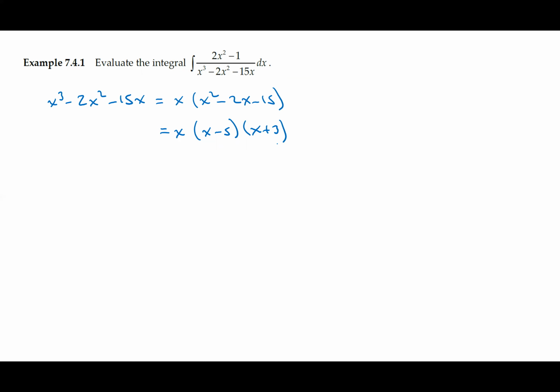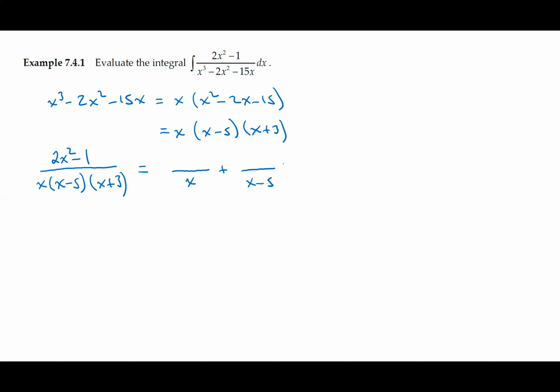So what I'm going to do now is set up this expression. I have 2x squared minus 1 over x times x minus 5 times x plus 3 equals, and here I have my three denominators.